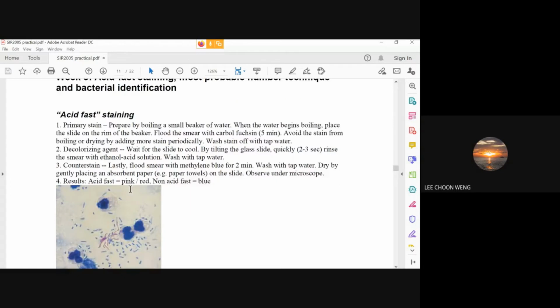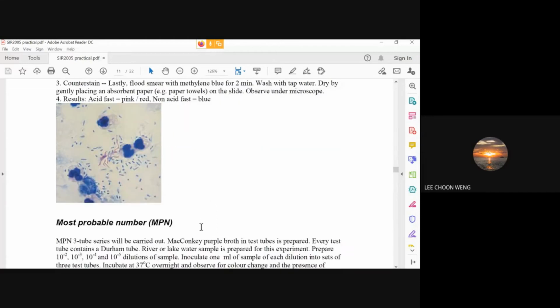Then acid fast, very important for Mycobacterium tuberculosis and Mycobacterium leprae. Okay, so usually we report them as acid fast bacilli or non-acid fast bacilli.